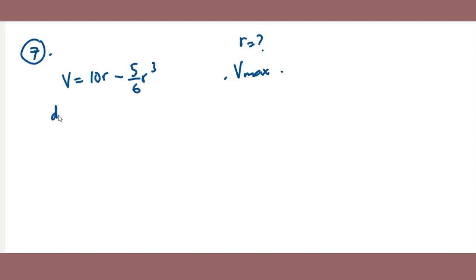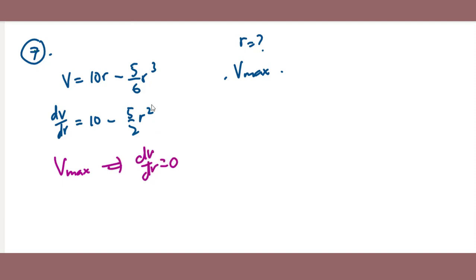Differentiate V with respect to R: 10 minus 5 over 2R squared. Then V maximum implies that dV/dR is equal to 0.